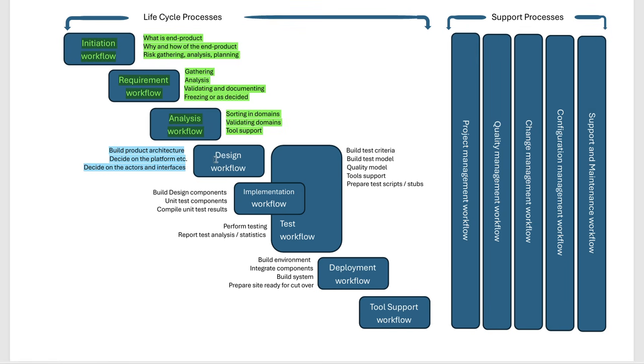And in the design workflow, we'll also build some criteria for testing. Build test criteria. This is very important. You may look at it and say this is part of testing, but no, we will build the quality model and test criteria in the design workflow, and it is very crucial, because here we can make or break our end goal.